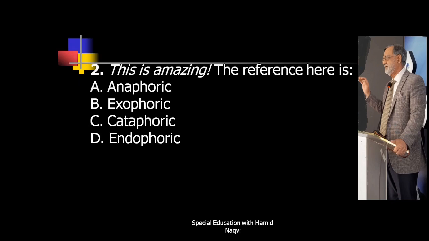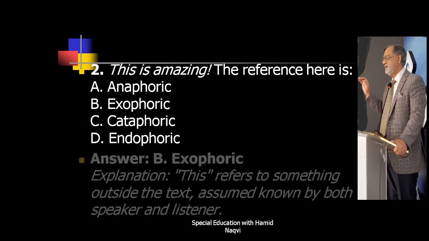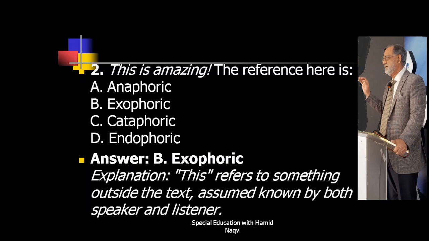Then the next one: this is amazing. The reference here is anaphoric, exophoric, cataphoric, or endophoric? The answer is it is exophoric. Why is it so? This refers to something outside the context, assumed known by both speakers and listeners.